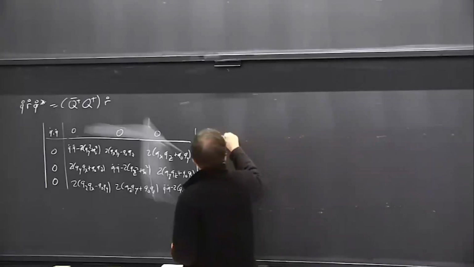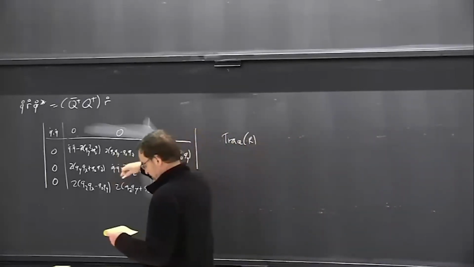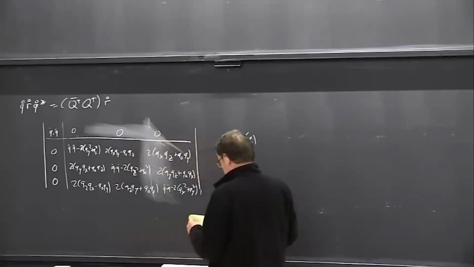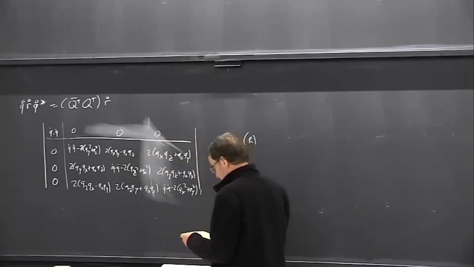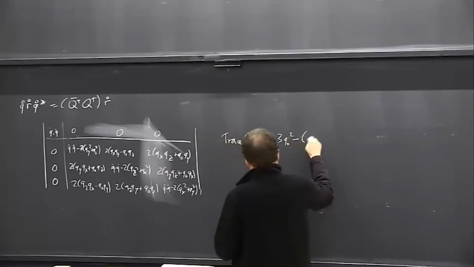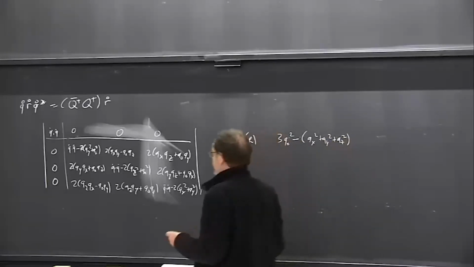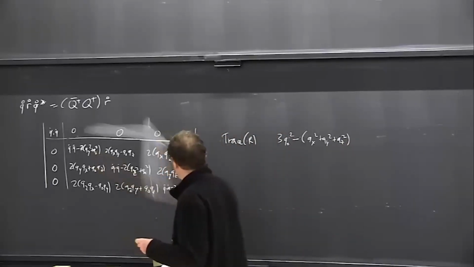But one part we can do is to look at the trace of that 3 by 3 submatrix, and I think we end up with something like 3q0 squared minus the others, so that's just running down the diagonal.